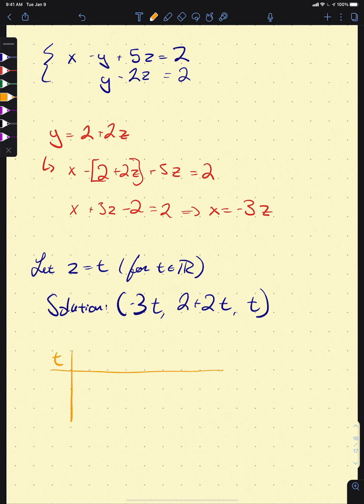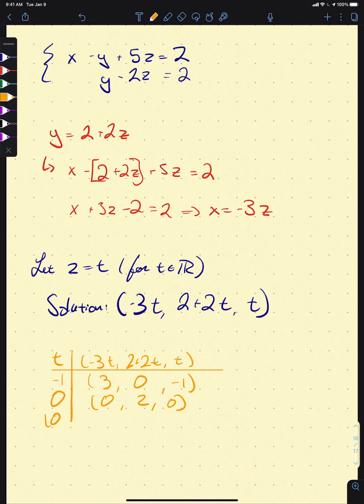In fact, we can form a little box, right? We have minus 3t, 2 plus 2t, and t. So we can say t equals negative 1, we're going to get 3, it's going to come out to 0, and negative 1. We could say t equals 0, right? Well, it looks like we're going to get 0, 2, and 0.